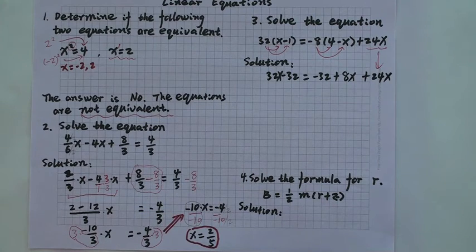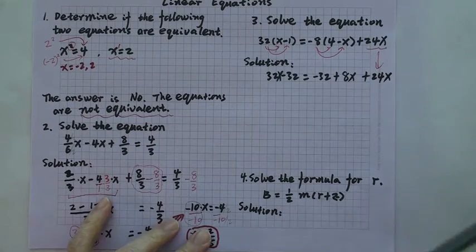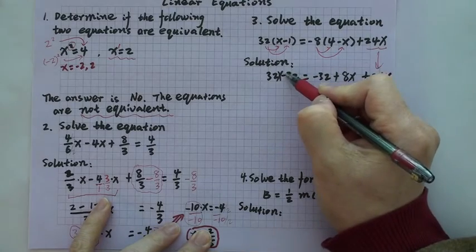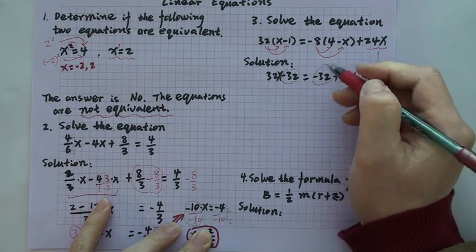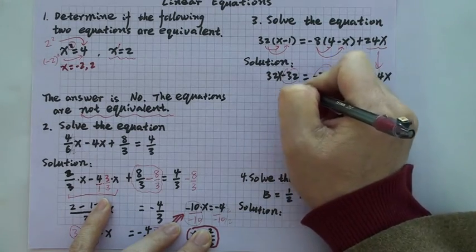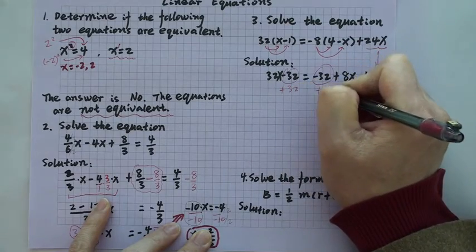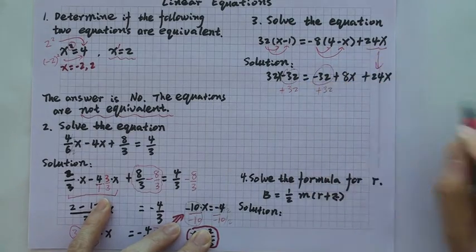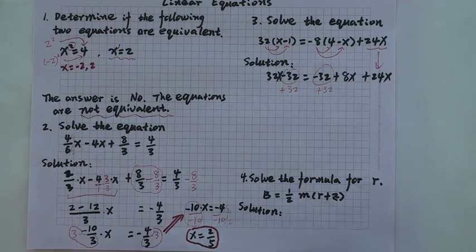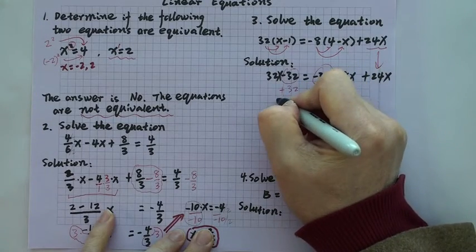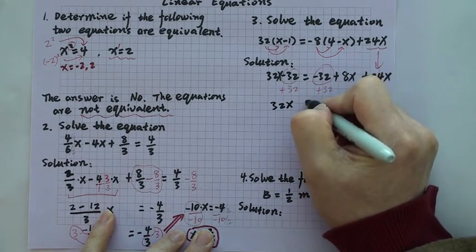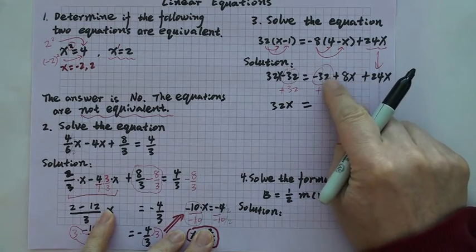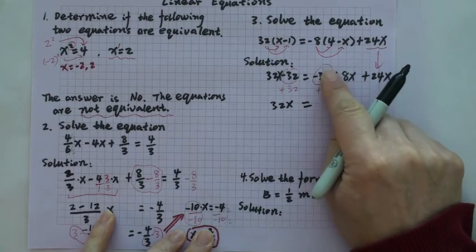Now, here we have a negative 32. If both sides add 32, they cancel each other. Then the left-hand side will be 32x. On the right-hand side, 32, negative and positive, they cancel.